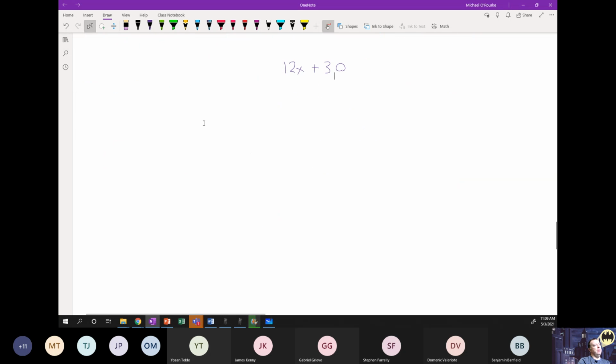Let me write this down. So those are the two things we're kind of doing for common factors. So let me give you a new equation.